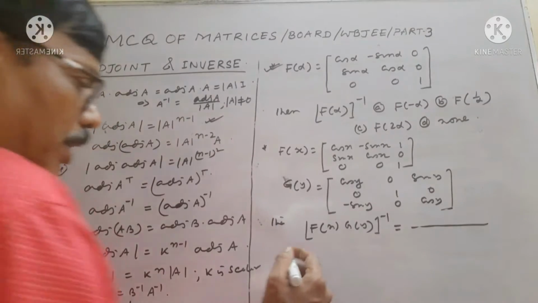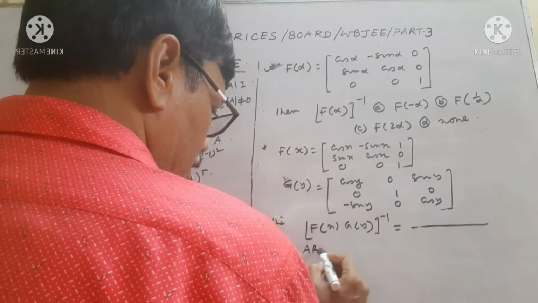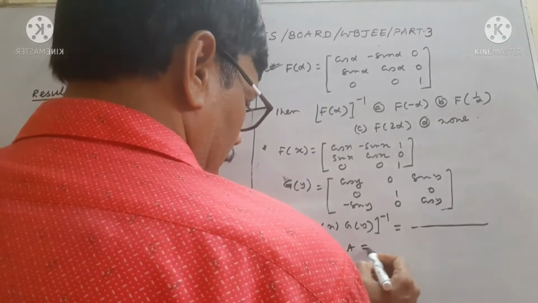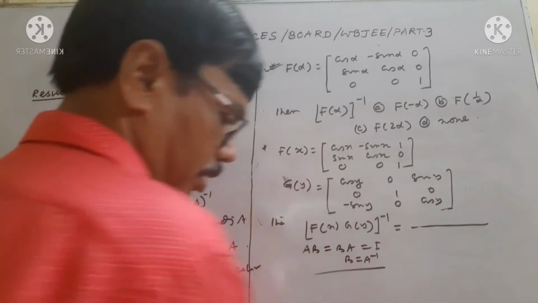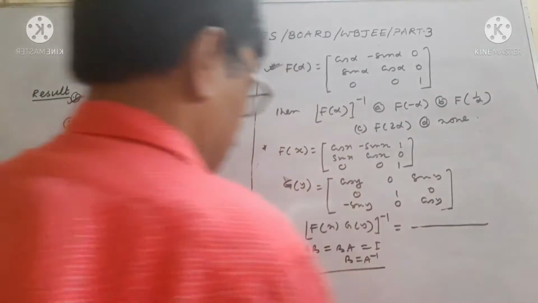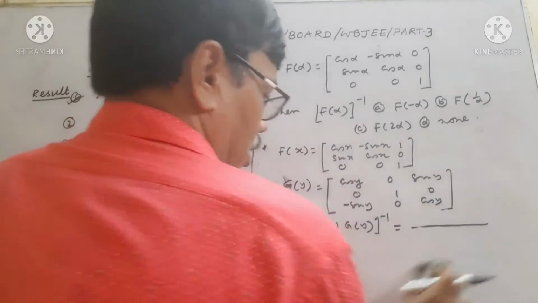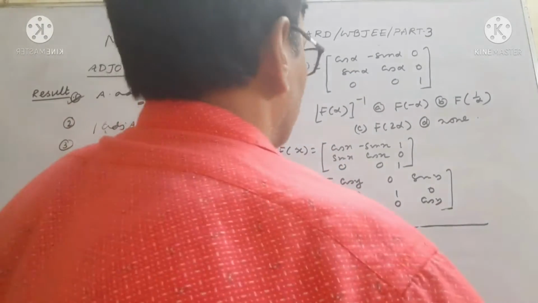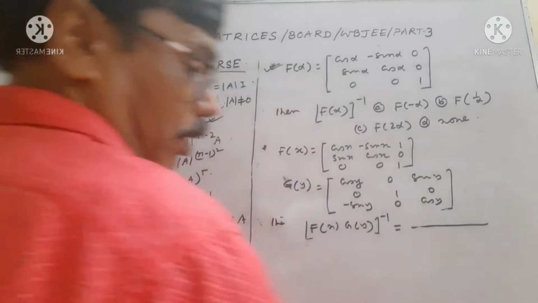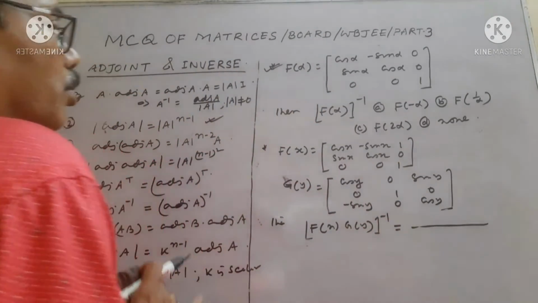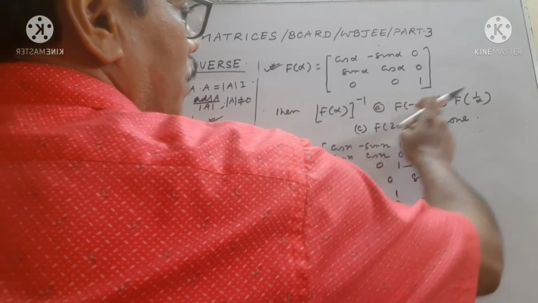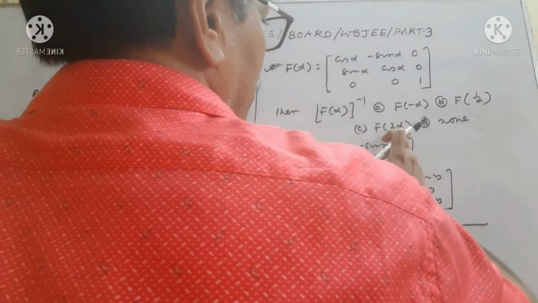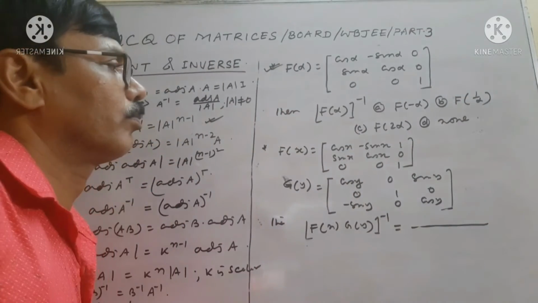So what is our definition? If AB equals BA equals I, then we say B equals A inverse. So look, this is F alpha, and the inverse is F of minus alpha, F of 1 by alpha, F of 2 alpha, none.